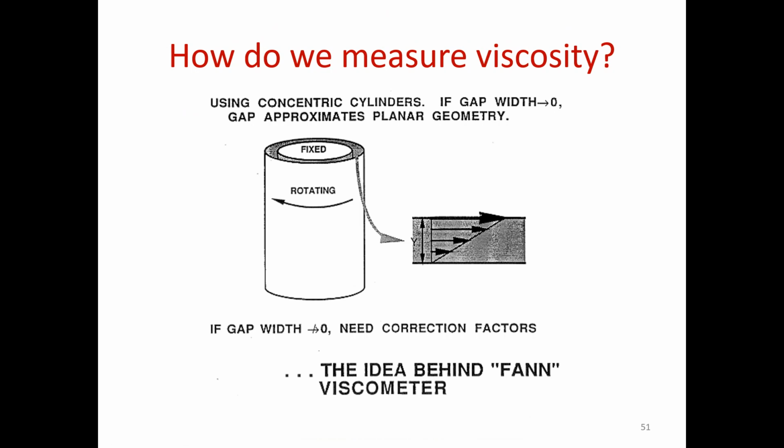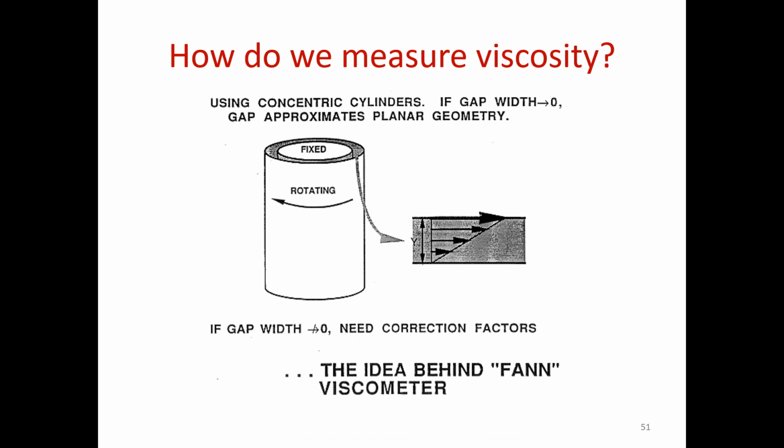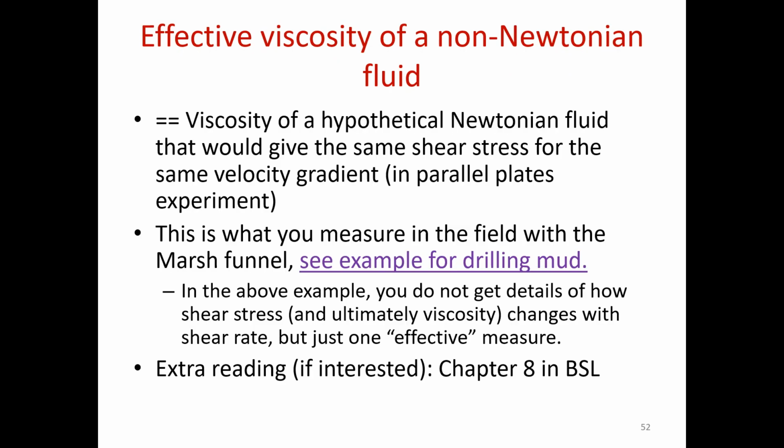You can't do infinite plates in the lab, so we use cylinders that rotate, and we're going to solve for this, so we will see the equations at work. We use the equations to estimate the total shear stress on these solid surfaces, and that gives you the estimate of viscosity. Just like in any measurement, there has to be a good model behind it that gives you the equations, so whatever it is that you measure, you can express with those equations and give the numbers out.